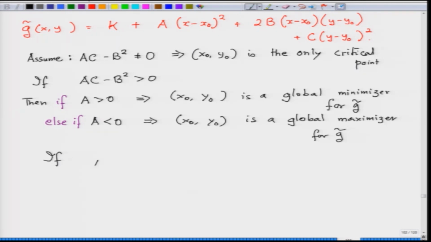If AC minus B square is less than 0, as before it would imply that x naught y naught is a saddle point. So, earlier we shifted x naught y naught to the origin, and now we have said that if x naught y naught is an odd point, the same story will work. We did our calculations in the simplest setting of x naught y naught being 0, and then we have just brought our intuition up into the general setting.